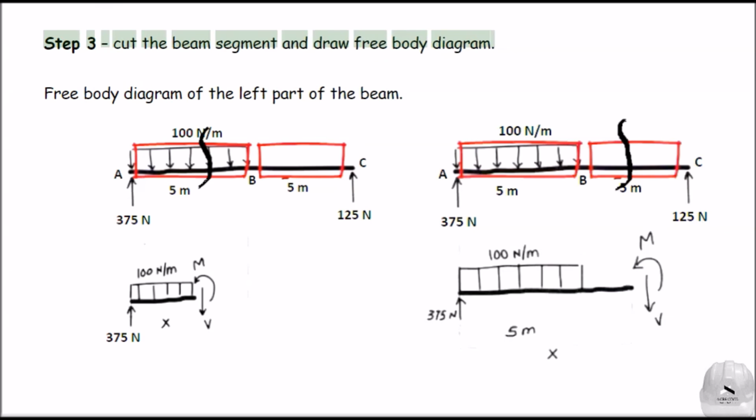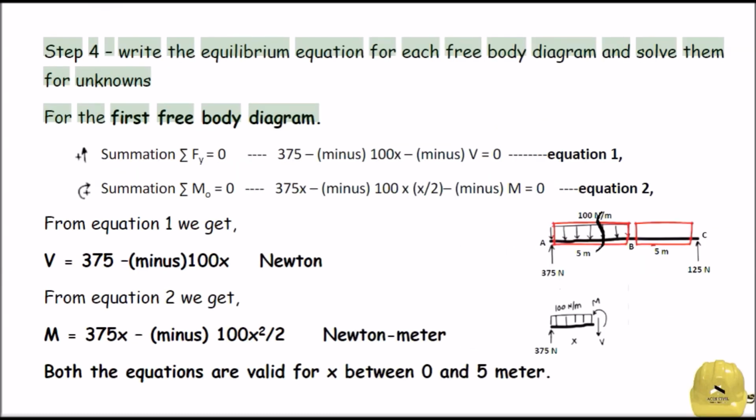Step 3. Cut the beam segment and draw the free body diagram of the left part of the beam. Step 4. Write the equilibrium equations for each free body diagram and solve them for unknowns for the first free body diagram.